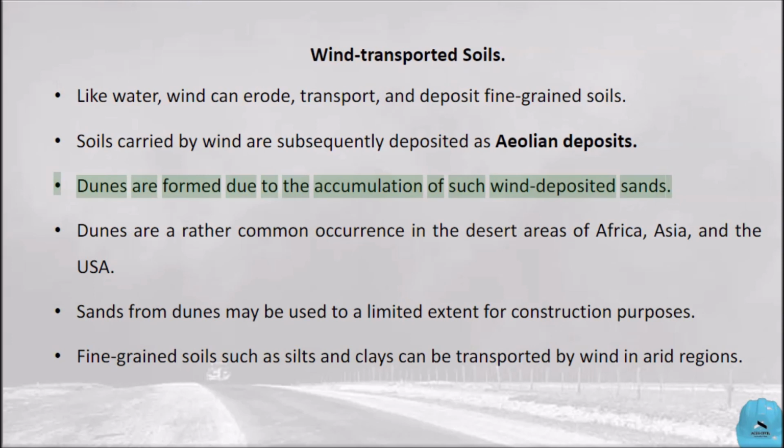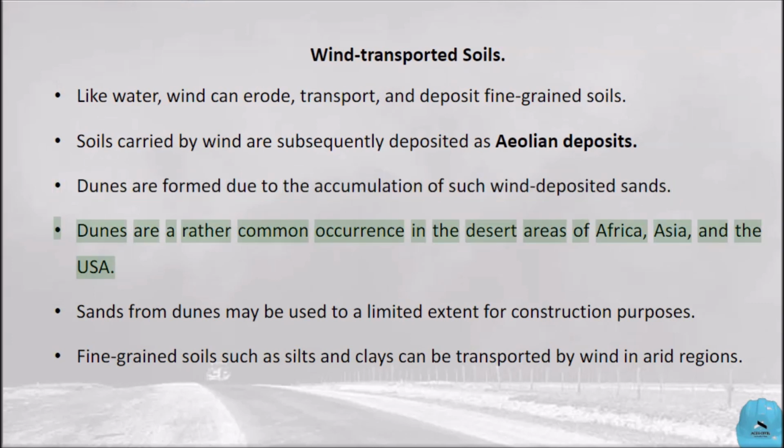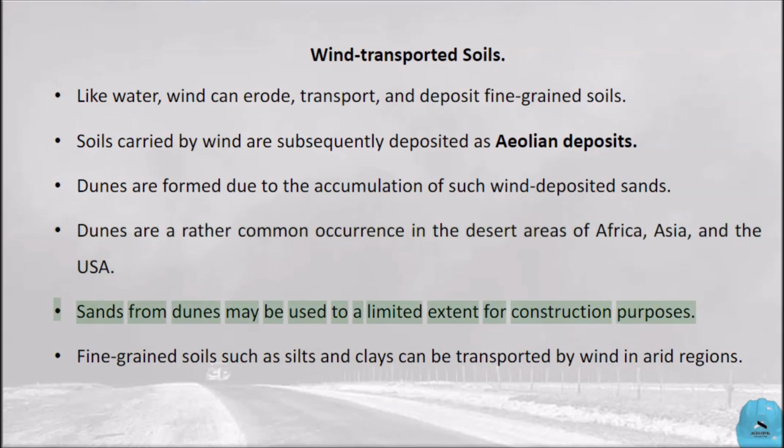Dunes are formed due to the accumulation of such wind-deposited sands. Dunes are a rather common occurrence in the desert areas of Africa, Asia, and the USA. Sands from dunes may be used to a limited extent for construction purposes.